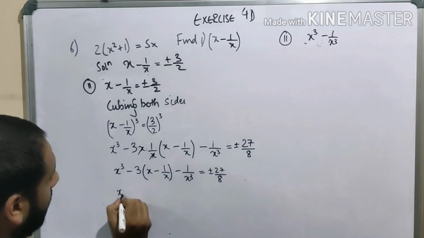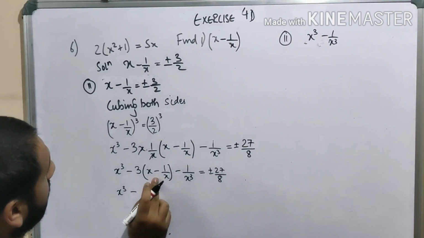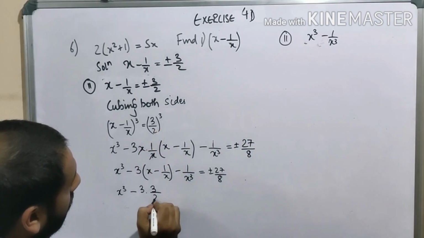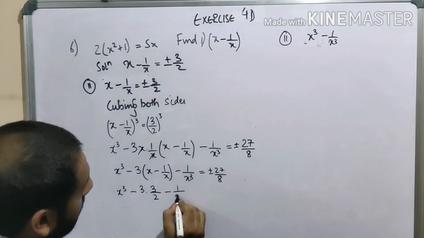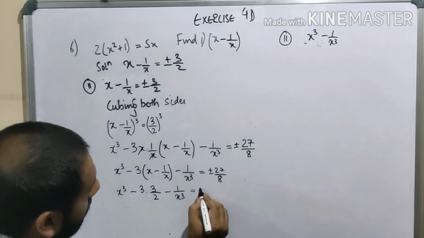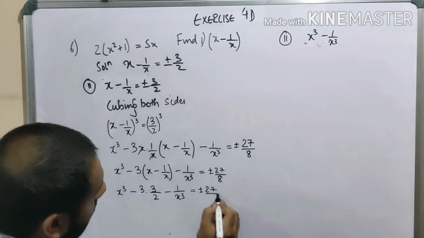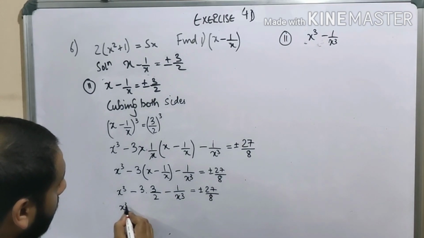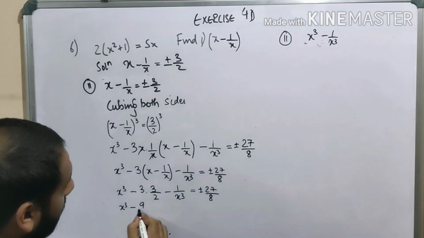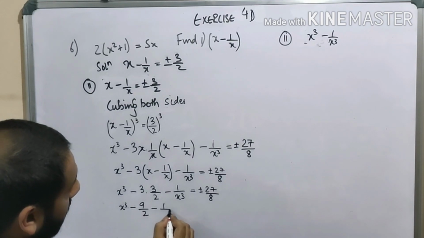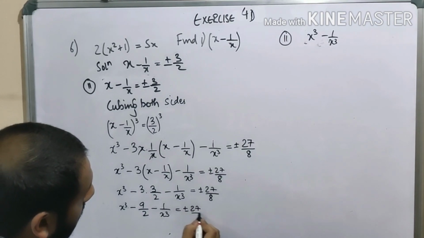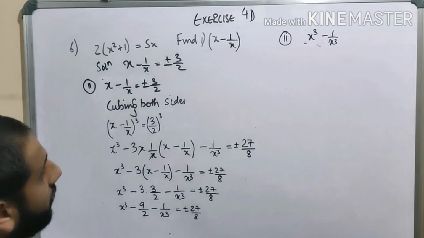This becomes x cubed minus, the value of this is 3 by 2, minus 1 by x cubed is equal to plus minus 27 by 8. I'll multiply this: x cubed minus 3 3s are 9 by 2 minus 1 by x cubed is equal to plus minus 27 by 8. Bring this here, you'll get the answer.